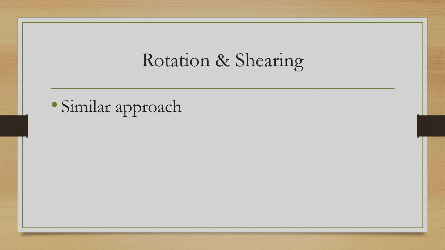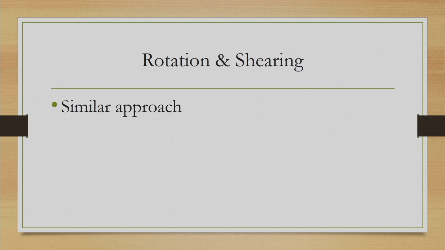And as I said, we can follow a similar approach with respect to rotation and shearing by first translating the fixed point, with respect to which rotation or shearing is to be performed, to the origin, then performing the corresponding operation and then translating it back to the original location. So, for rotation, first we will have one translation, this is followed by rotation with respect to origin, this will be followed by translating back to the original fixed point location.